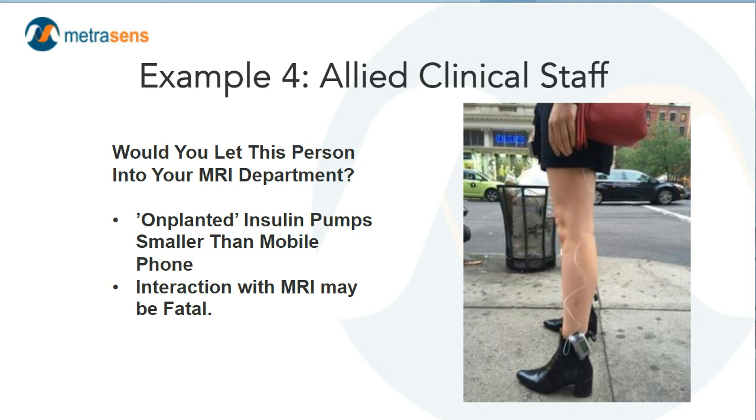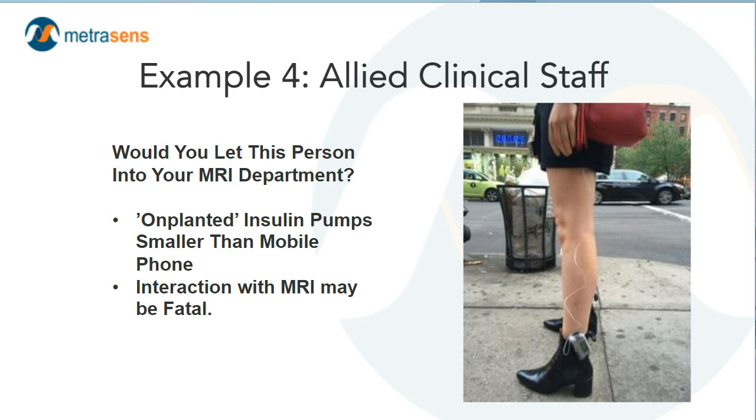So we need to make sure we screen all of these patients. We need to not rely on old patterns or rules of thumb for that screening process. We need to make sure that even the physicians and allied clinical staff that come in are effectively screened for things like insulin pumps.